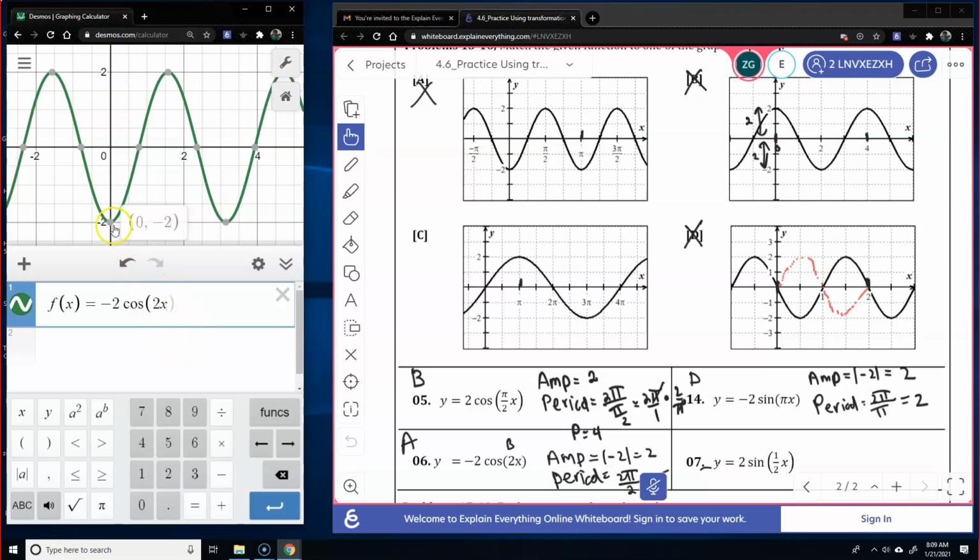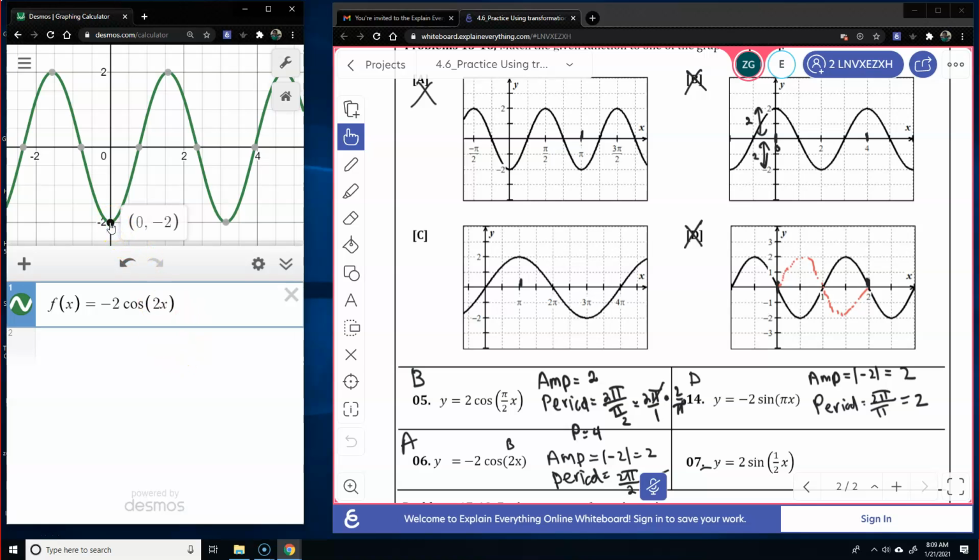And you notice it's at 0, -2. It's at pi over 4, which is in between 0 and pi over 2. The highest point is pi over 2, and then we have another intercept at 3 pi over 4, 0. And then we end at pi, -2, so the answer is A.